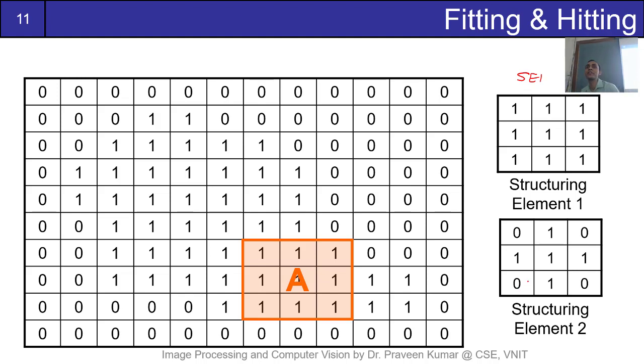If it is fitting, it's automatically hitting. When it is completely fit, then it's also a hit condition. So for structuring element 2, first see whether it is fitting or not. If it does not fit, see whether there is a possibility of hit, and if not, then none of these. So it is fitting, so it is both fit and hit, because hit is kind of a subset of fit.